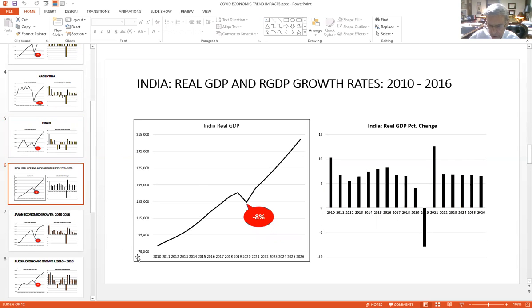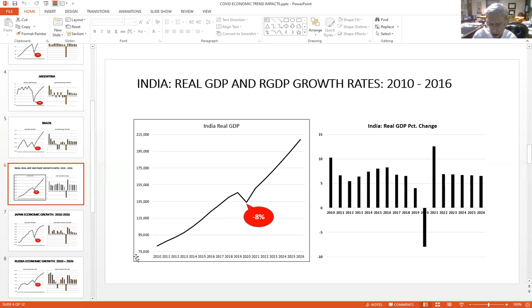Here is India, and India is another one of those countries where the growth rates and the economic data are not reliable. It's frankly even been acknowledged by India's government that its economic data collection prior to the current administration was completely unreliable.